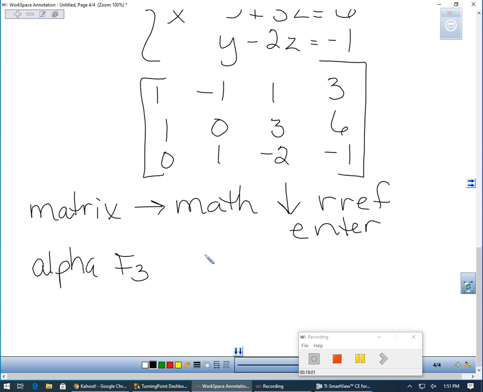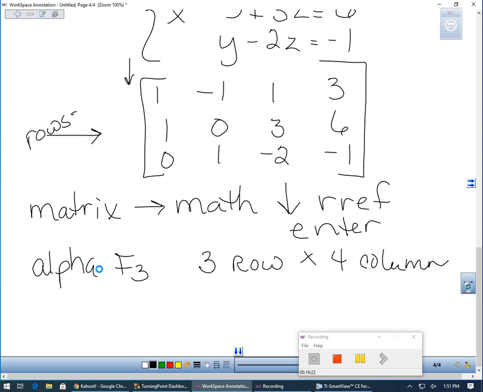This is a 3-row by 4-column matrix. Rows are this way. This is rows. Columns go up and down. Like a column on a building or whatever. Yeah. 1, 2, 3, 4. Right? Okay. So I want everybody to get that in there. And you're going to enter the numbers. And you're going to hit enter. Okay?